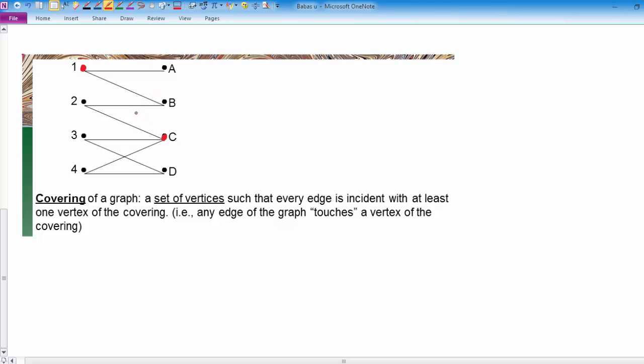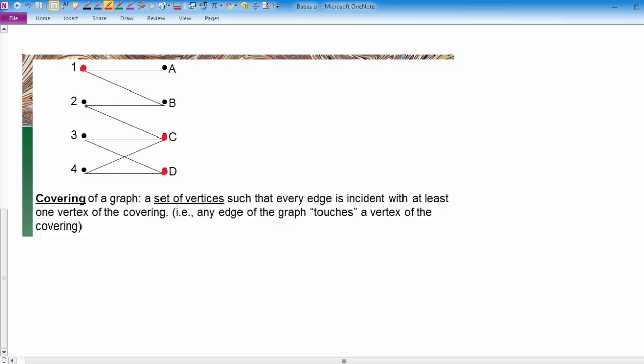Then that leaves 2B, that's the edge that we're not covering yet, and 4D. Well, we can select D, and that takes care of these two edges right here, the 3D and 4D. And finally, this is the last edge that we need to cover.